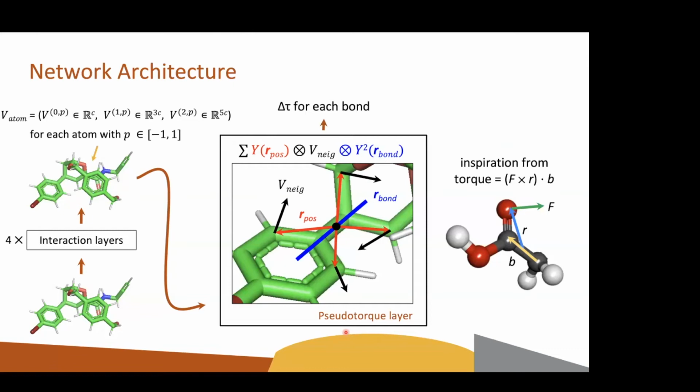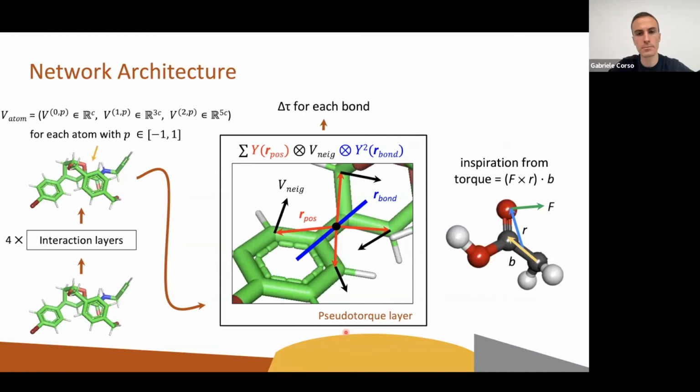This does not work. Maybe we didn't try hard enough. Maybe we didn't tune the right things. But compared to the first pass attempt with these tensor product-based networks, it was clear that this was the way to go. Sorry, go ahead, Hannes.